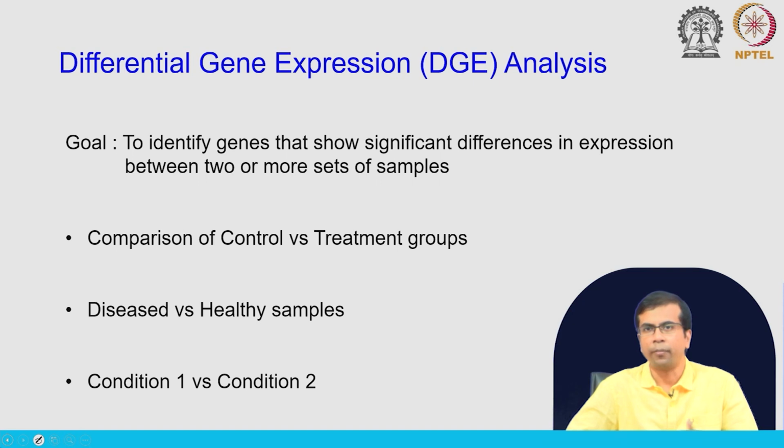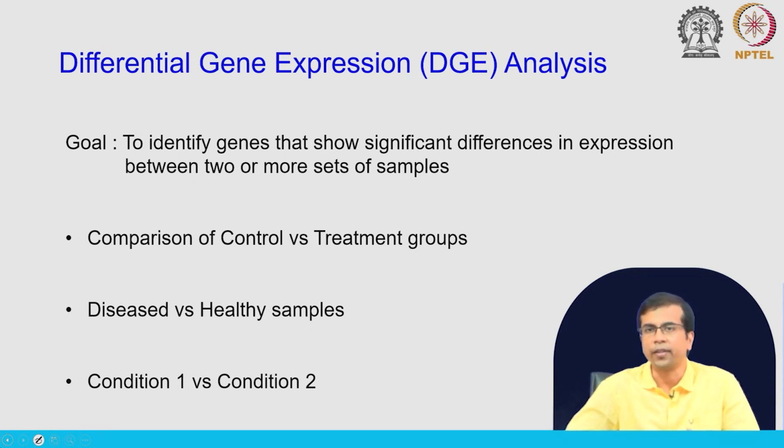By the way, this analysis can be done not just for comparison between two sets of samples, you can do this for multiple classes of data. In the case of disease versus healthy, you can think of, for example, tumor, healthy, and other types of samples, maybe some other diseases, not just tumor.